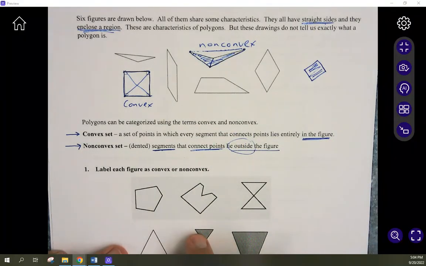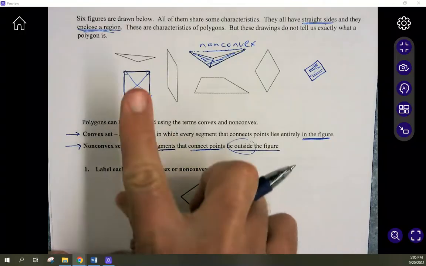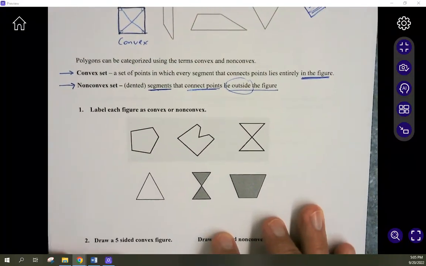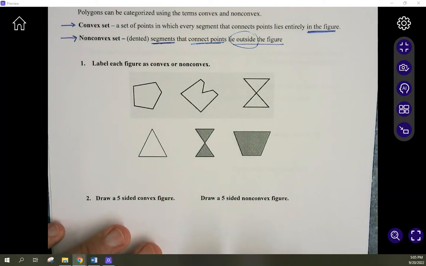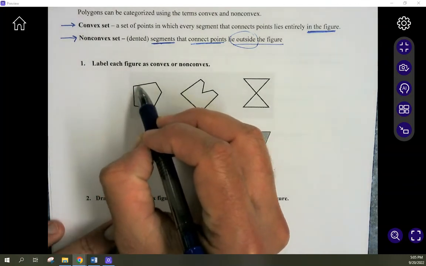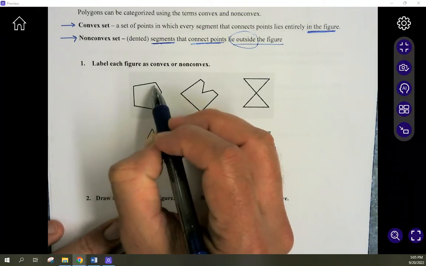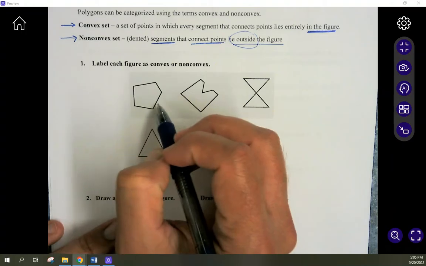So these are good definitions. They are very clear while they're wordy and confusing. Once you kind of break them down, they are very clear about the difference between a convex shape and a non-convex shape. So let's slide down here and try a couple out. We're going to label each as convex or non-convex. So this one, if I take a look at this point and connect it to any of the other points, I'm inside the shape. I'm inside the shape, inside the shape.